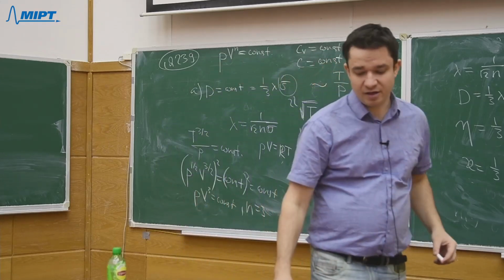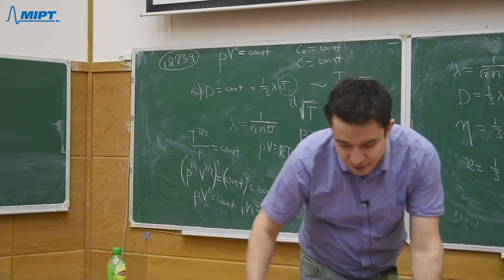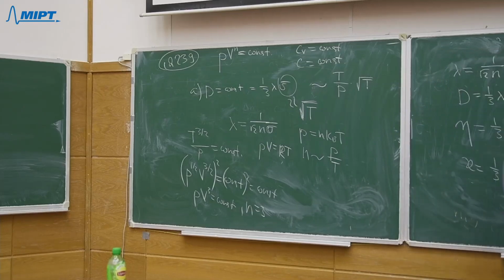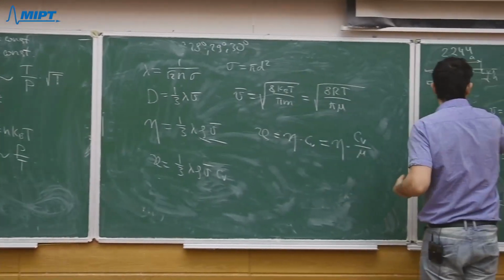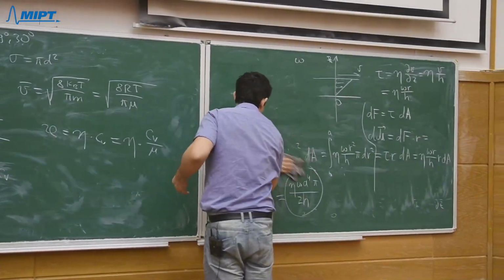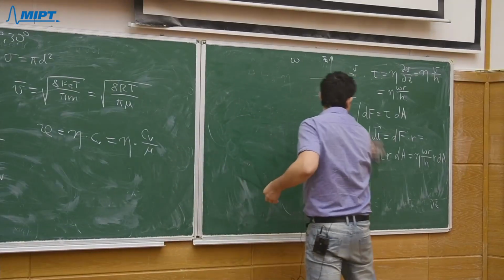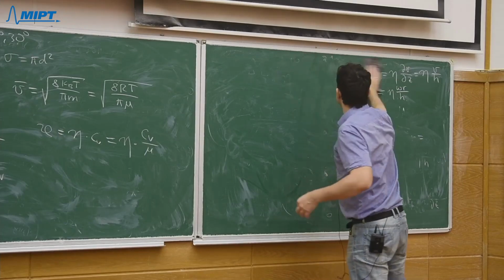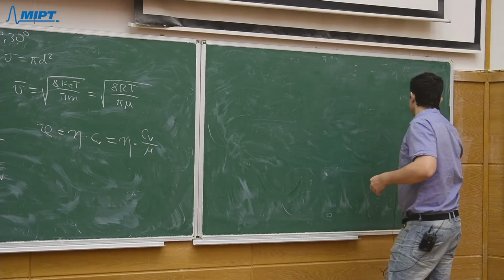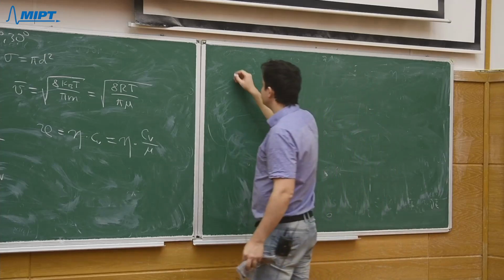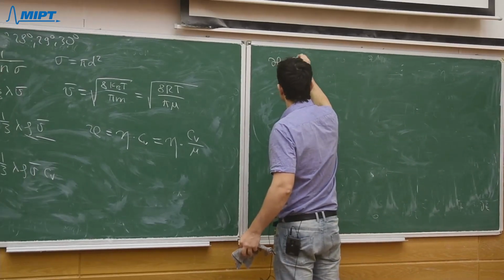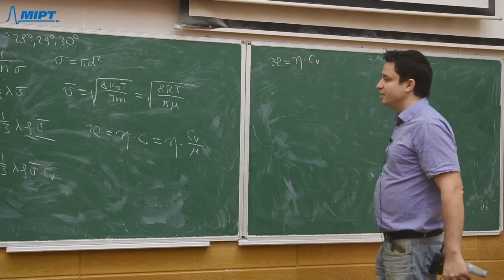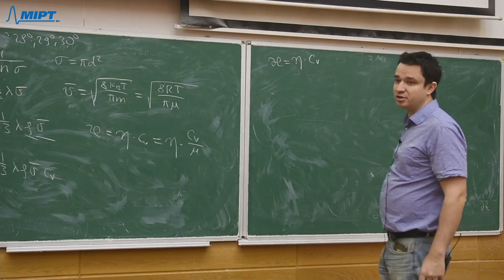Well, finally, we also have viscosity and heat conductivity. I would like to combine them into a single question. As follows from the equations for the viscosity coefficient and thermal conductivity coefficient, thermal conductivity is equal to viscosity multiplied by C_V, where C_V is the specific heat at constant volume.